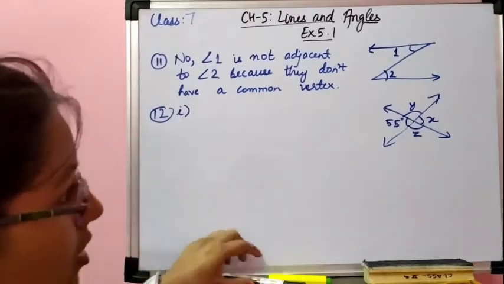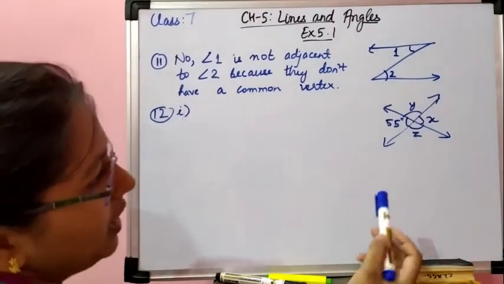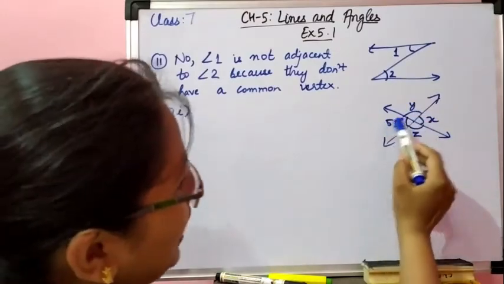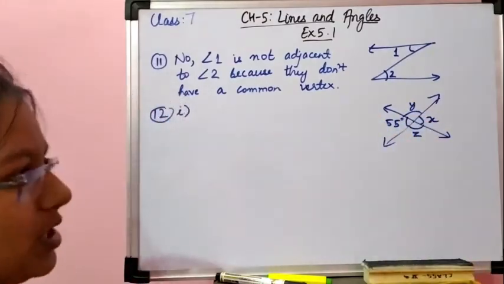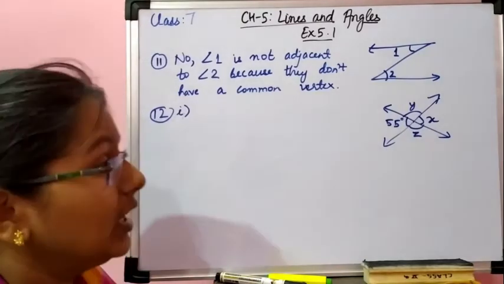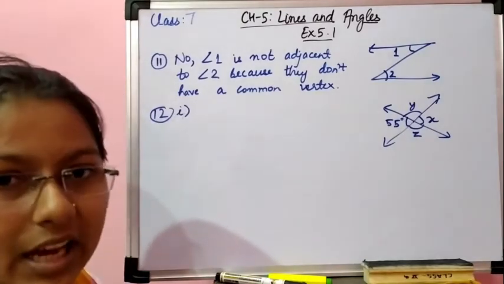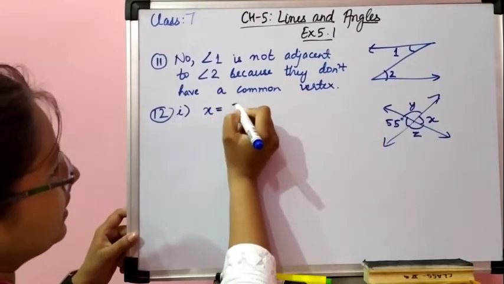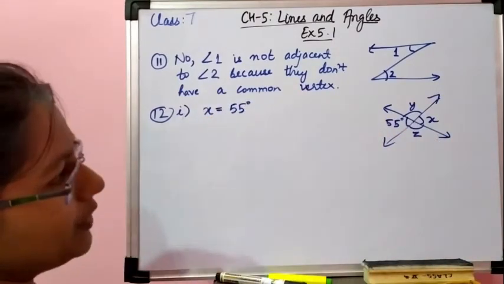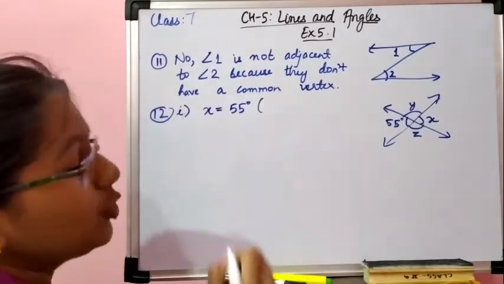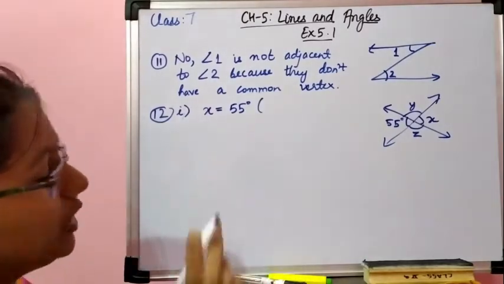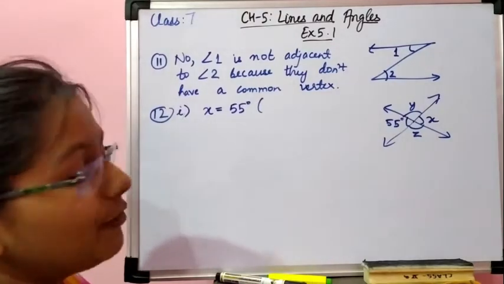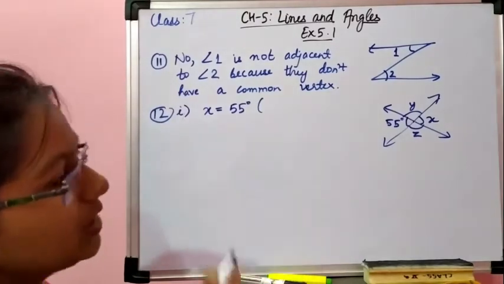So it's clear from the diagram that Y and Z are vertically opposite angles and X and 55 are vertically opposite angles, and we know that vertically opposite angles are equal. So from this directly we can get the value of X. X is equal to 55 degree, and whenever we are finding the value of any angle, we have to mention the reason, by which method we have found this value.